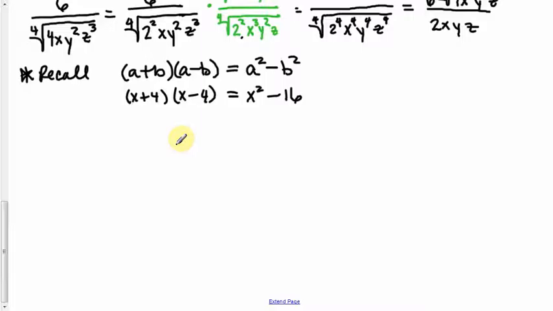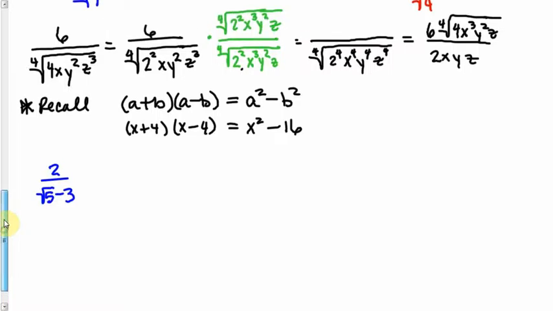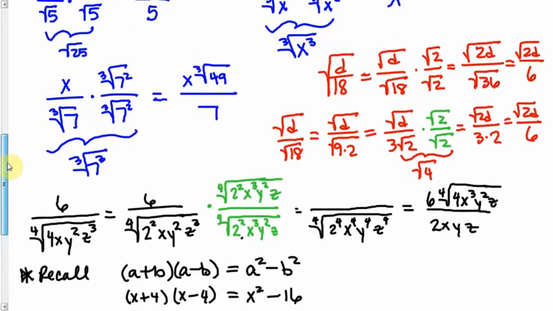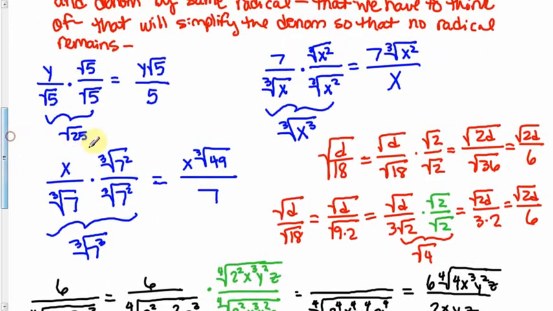So we'll start with this one. 2 over the square root of 5 minus 3. This is different from these things that we've been doing. Please look at the denominators of all that we have done.